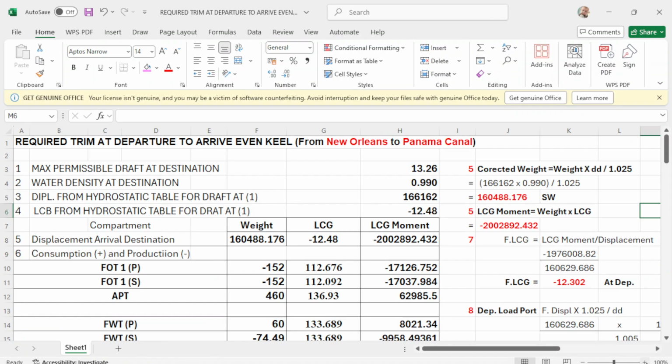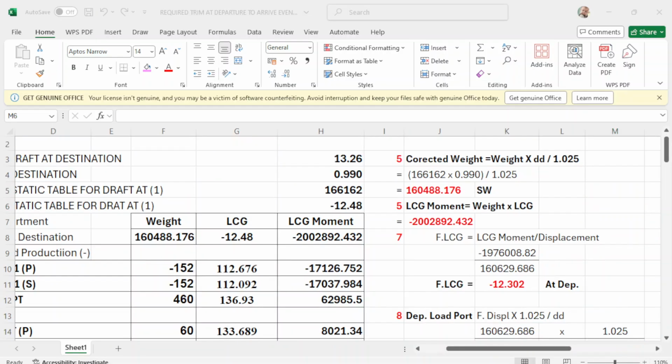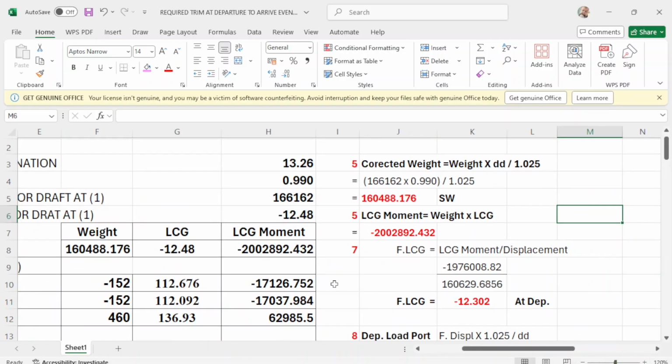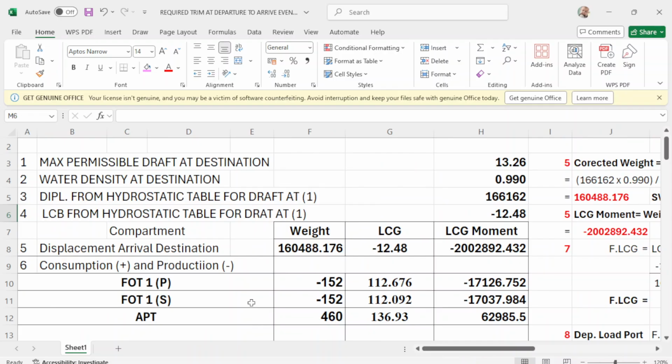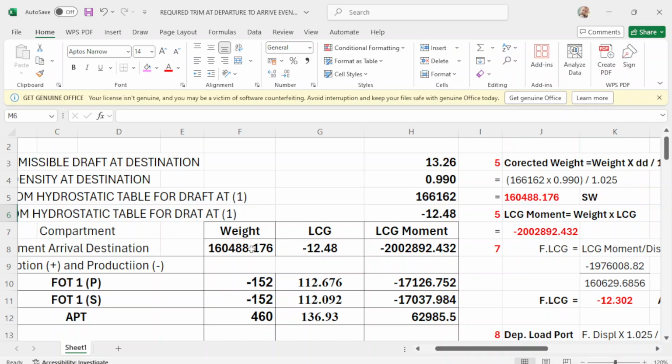So this is your displacement at 13.26, floating at a density of 0.990. To get the displacement weight upon destination, you convert that to salt water.